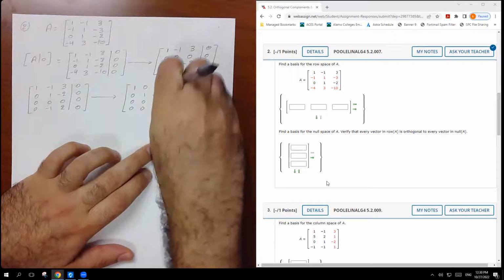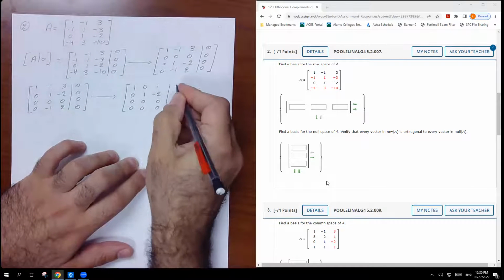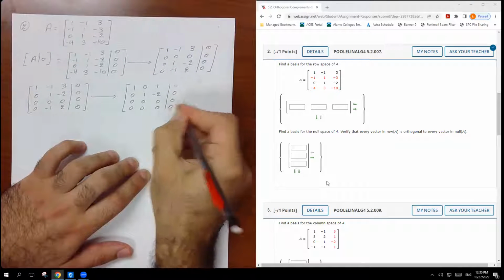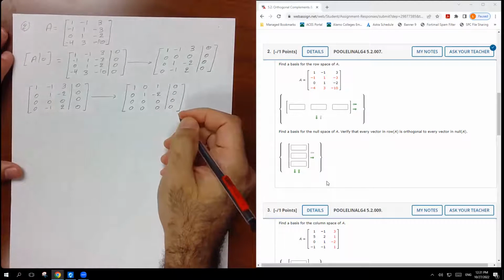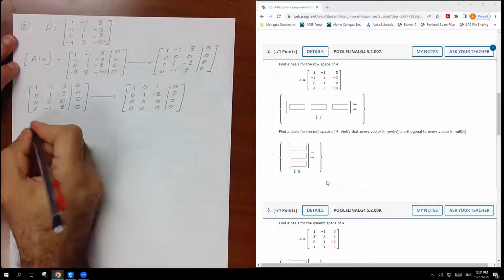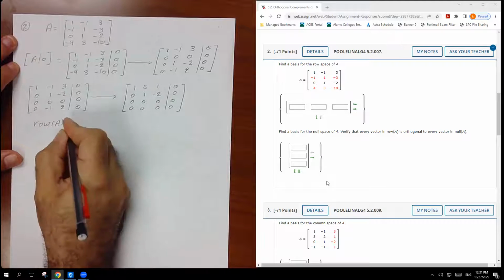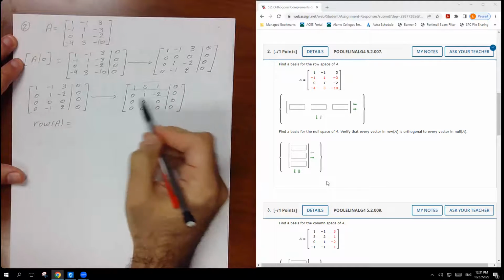This is the reduced form. I did these steps, but you already know how to do the reduced row echelon form, so I don't want to spend time doing it in detail. Now, the row space of A is the non-zero rows, which are this one and this one.